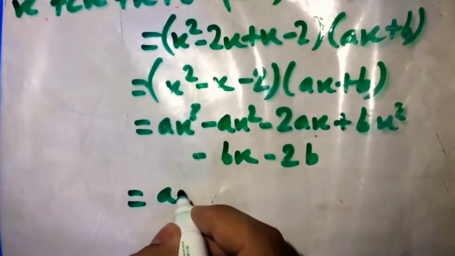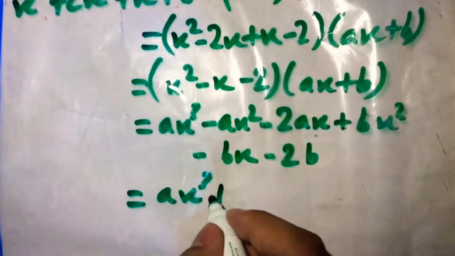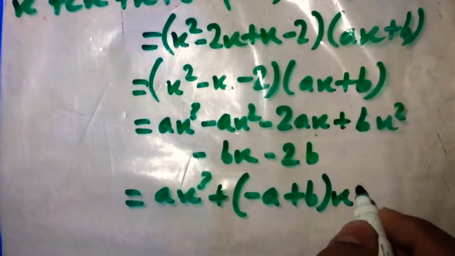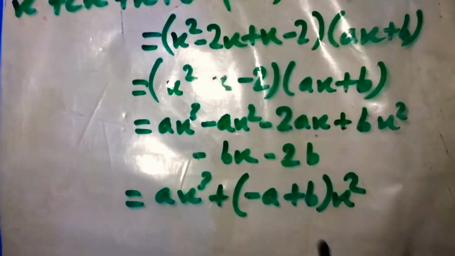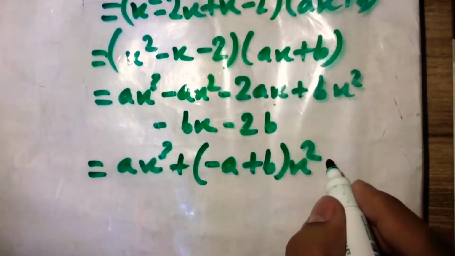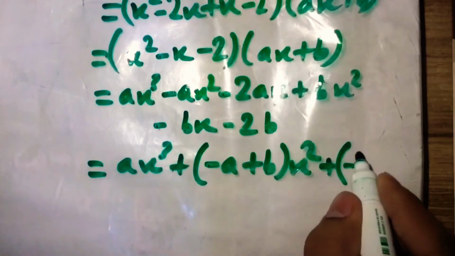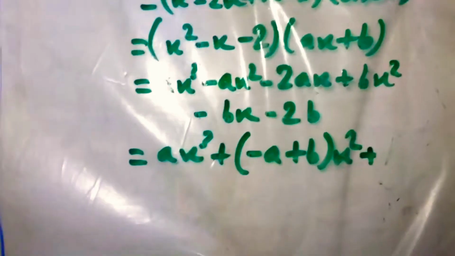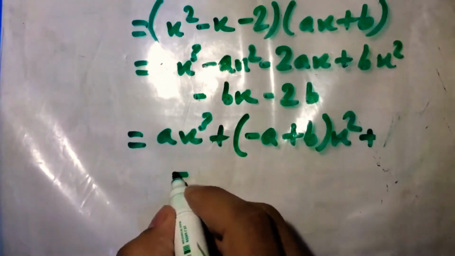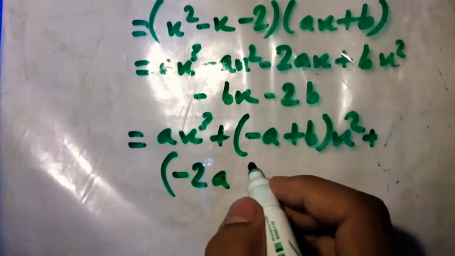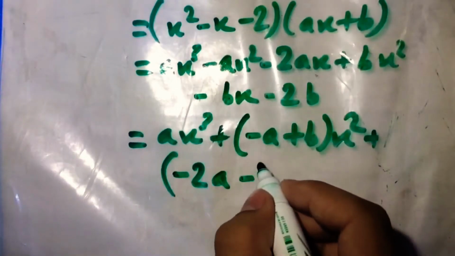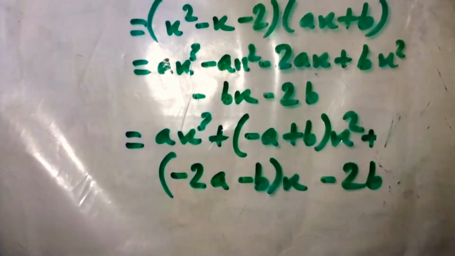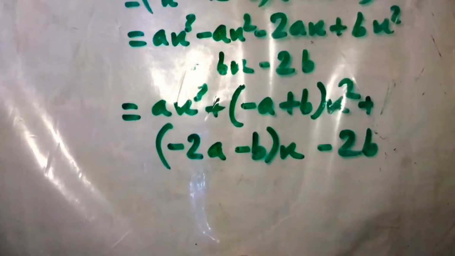Equals ax cube plus minus a plus b x square plus minus 2a, write this below, minus bx minus 2b. Now again comparing the coefficients.